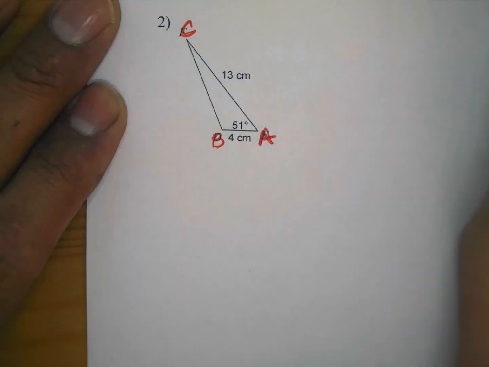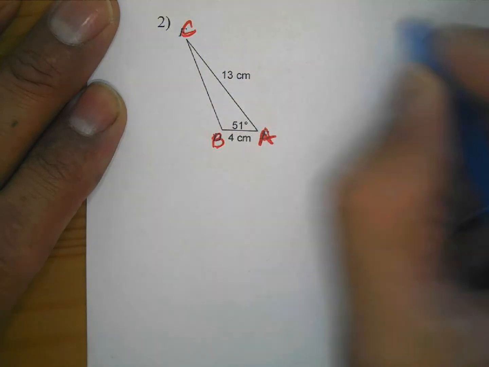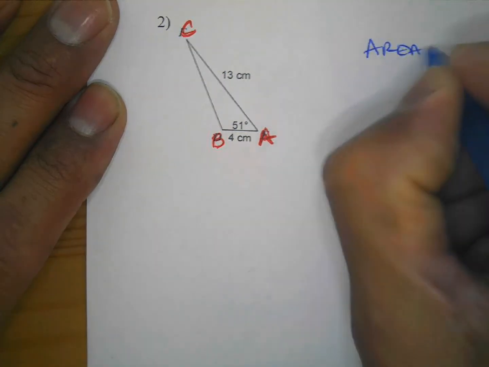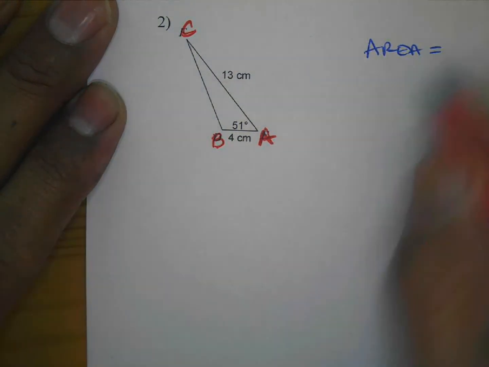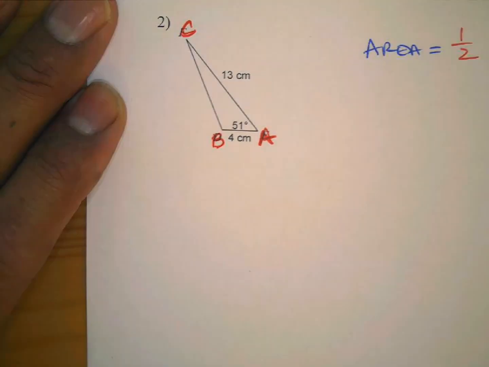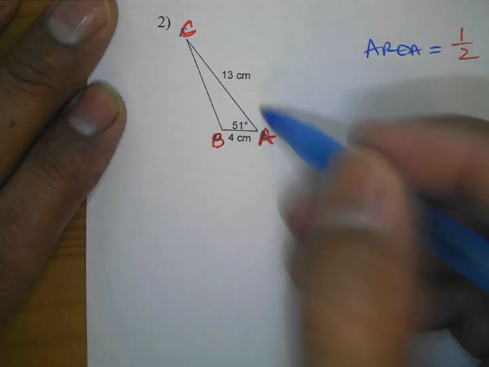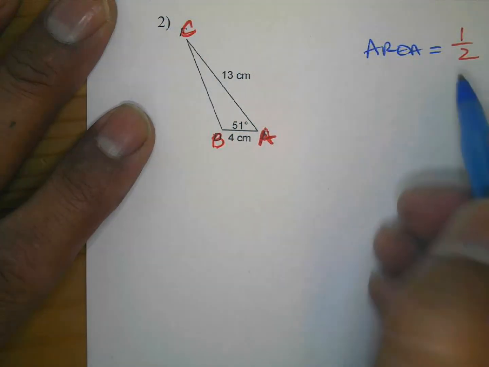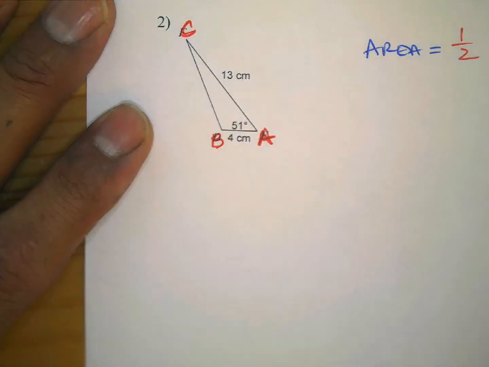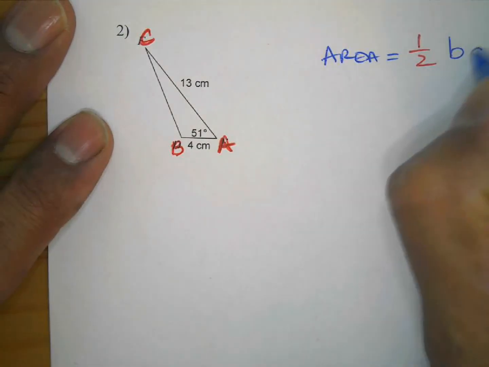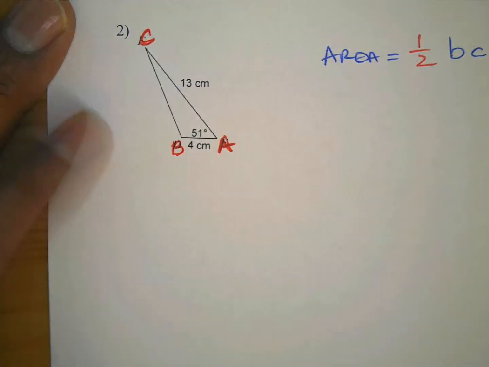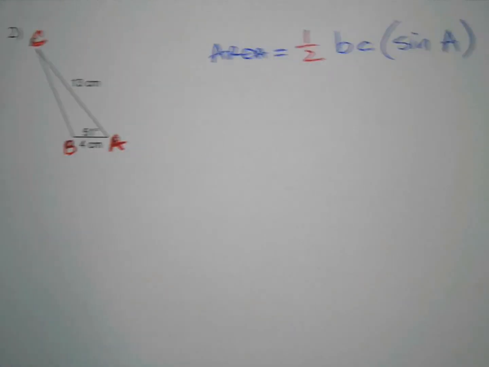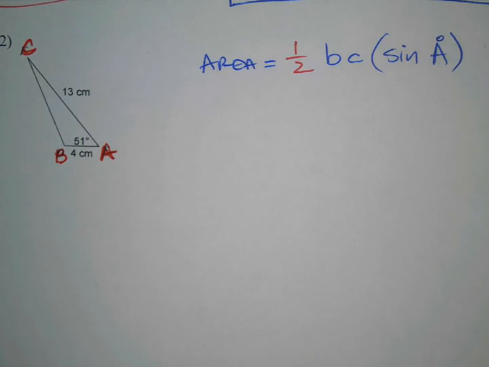Well, let me put it over here. Area is equal to, and again I'm using angle A, take half of what? Multiplying the two sides, which will not be the side with the A. So it's half of B times C times sine of the angle A.